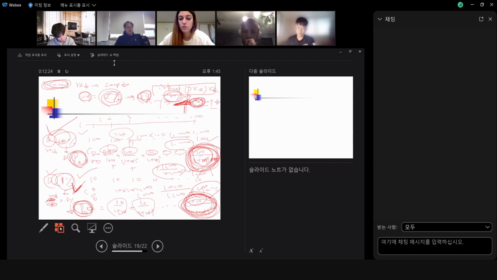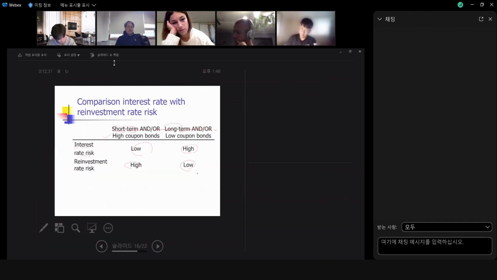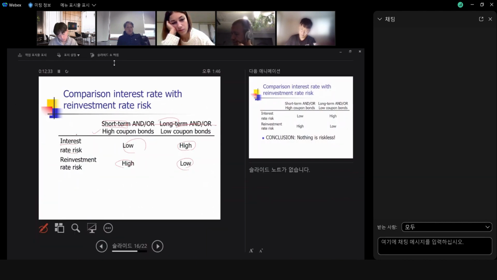So if we summarize what we talked about so far, in terms of coupon, a high coupon bond has the high reinvestment rate risk, but the low interest rate risk.